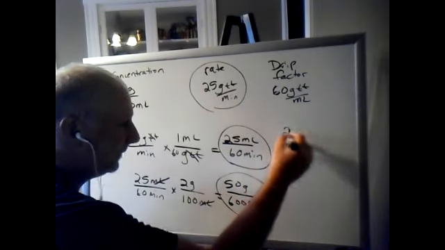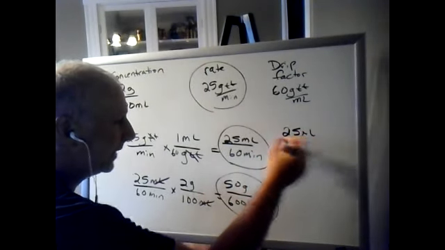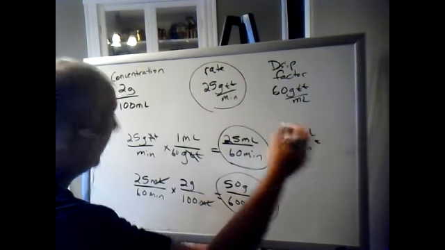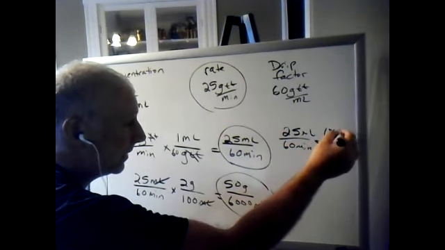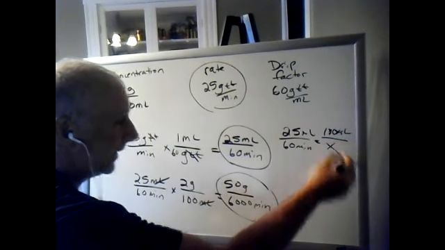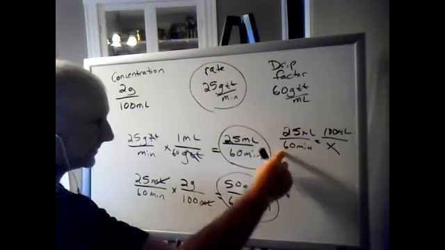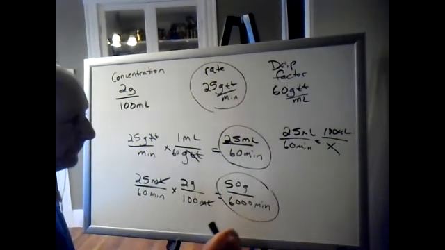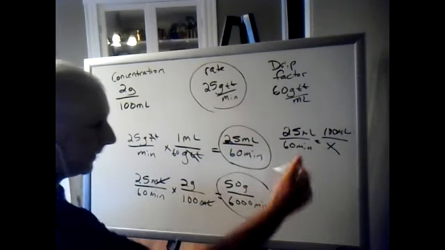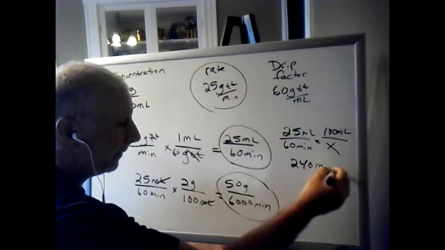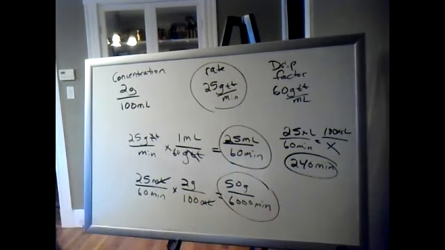I can say if 25 milliliters takes 60 minutes, 100 milliliters will take how many minutes? In this case, 100 times 60 divided by 25, we're going to find out that this is going to be 240 minutes or 4 hours.